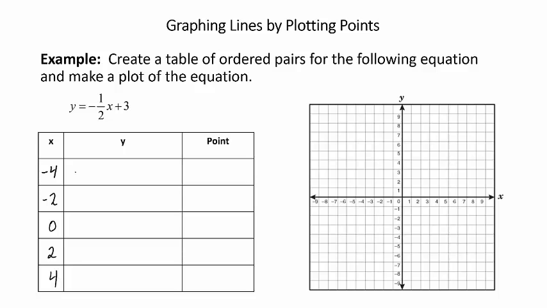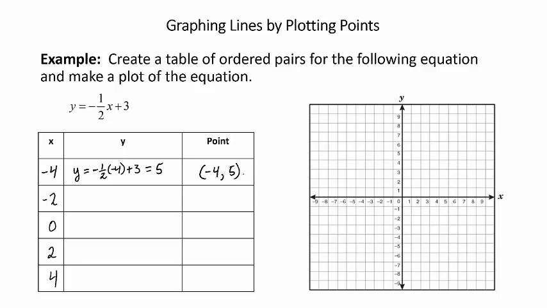And what are we going to get for the y values? So when x is -4, y will be -1/2 times -4 plus 3. So -1/2 times -4 is +2. 2 and 3 is 5. Okay? So when x is -4, y is 5. So the point would be -4, 5, right?